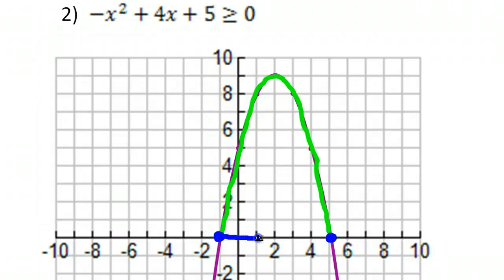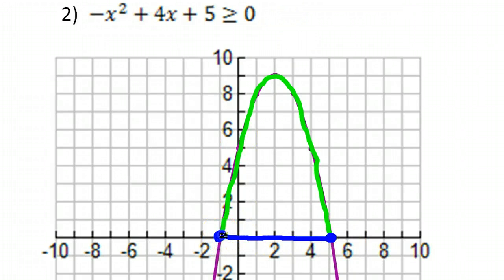Okay, so I will flatten this out into a number line graph. And so just looking at the blue only, just the x values, that's what we use to create the interval notation. So the x values here, these solutions, go from negative 1 to 5.